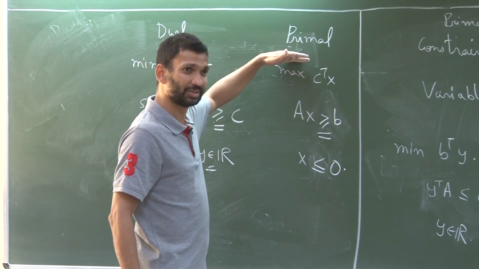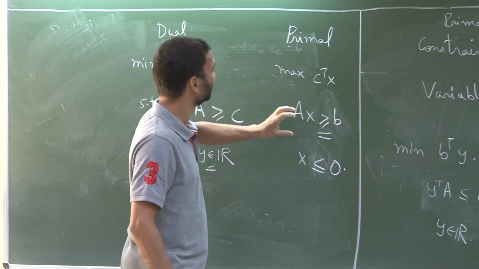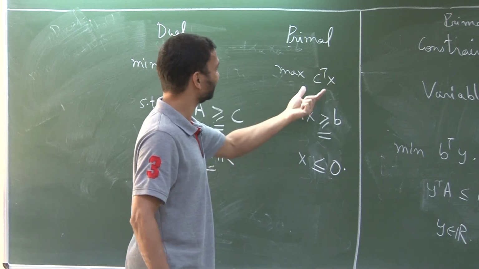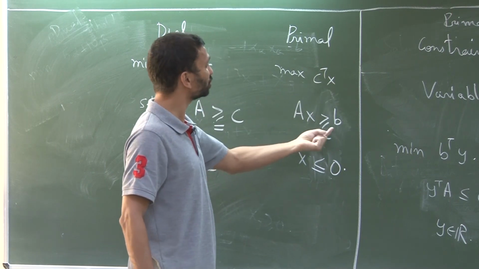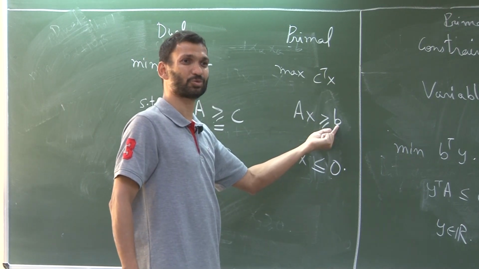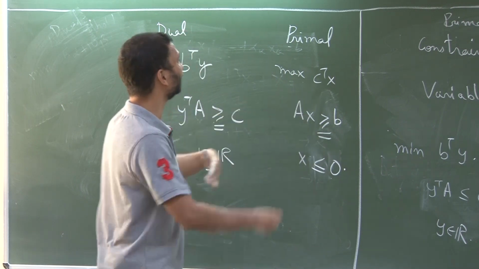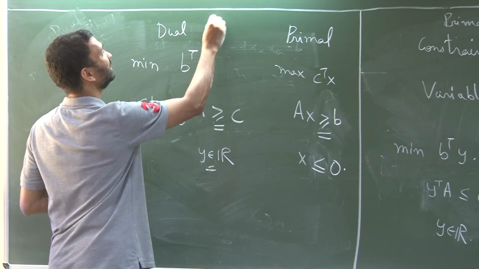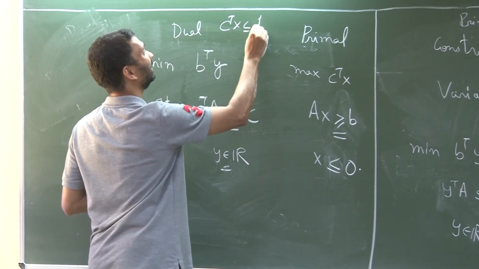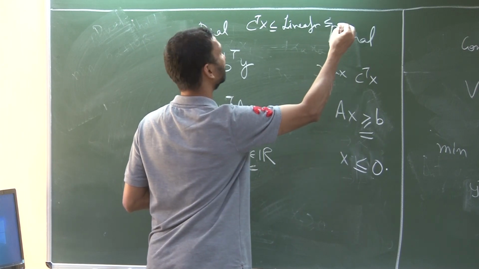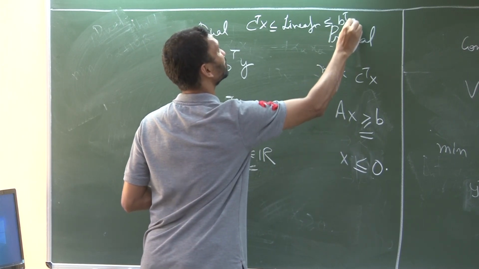That means B transpose, whatever comes here, that linear form should be less than B transpose Y. Because I'm going to say C transpose X less than my linear form less than B transpose Y.